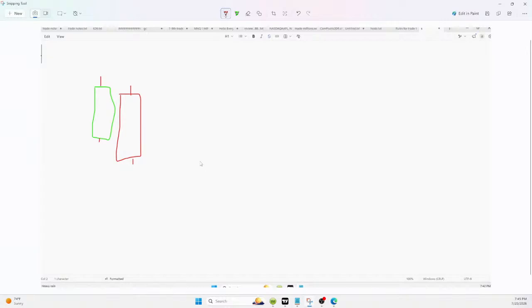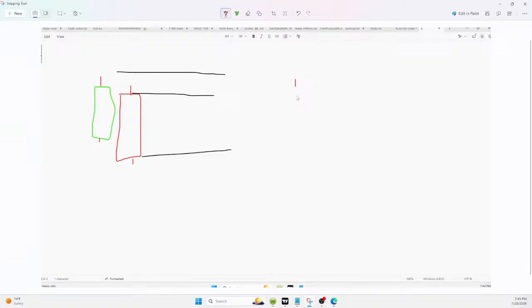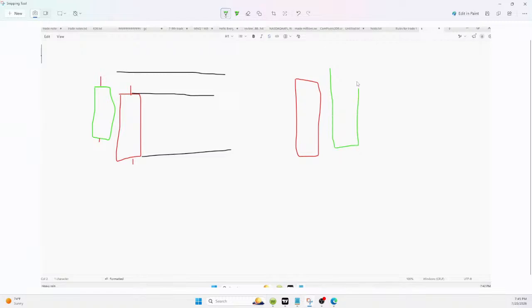Once you have that structure, all you have to do is place your order. You put your limit order here, you put your stop loss here, and your target. That is all you have to do. At the same time, if it's going up, you'll have a candle like this, followed by another candle which will be green, and then a small wick.